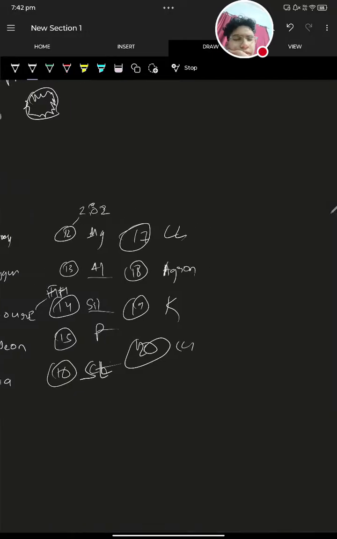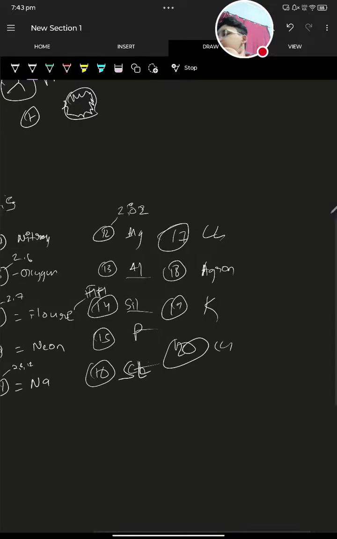Sulfur is 16. Then chlorine, then argon, then potassium, then calcium.